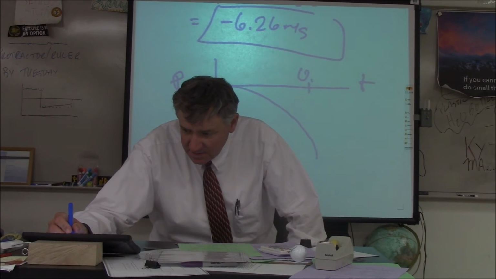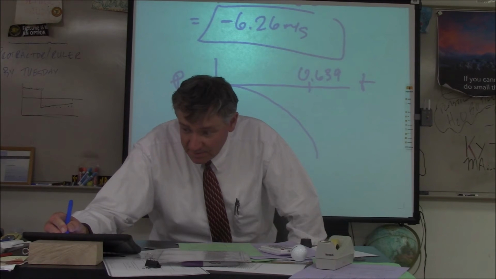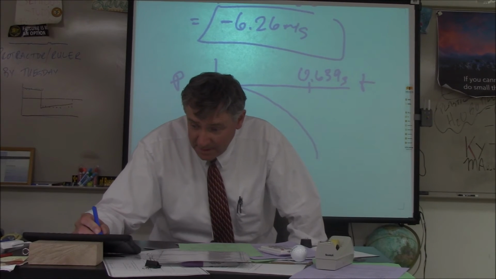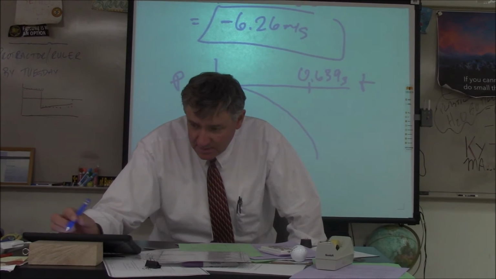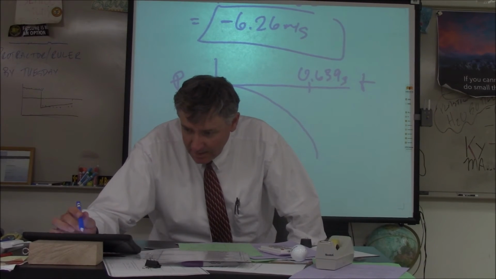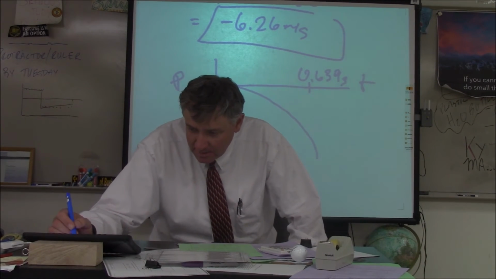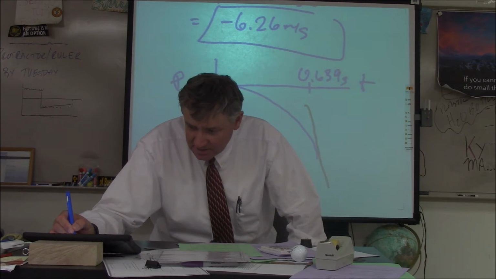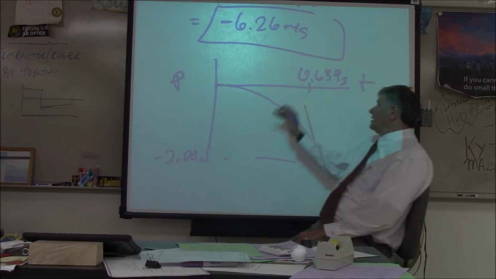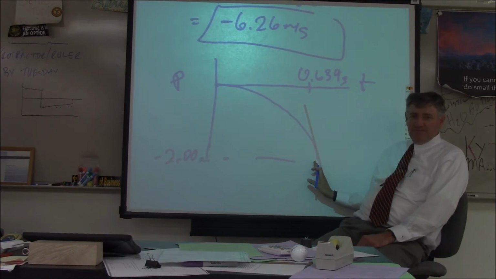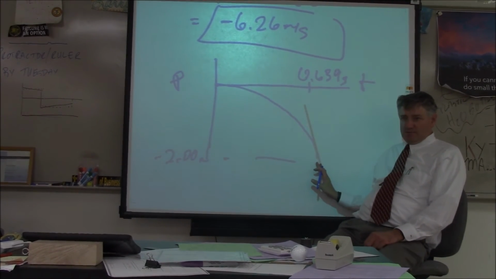At 0.639 seconds, and this is where this should all come to one big idea, you're down here at -2 meters. Now I'm going to draw a tangent line that's going to hit at 0.639 seconds and -2 meters.